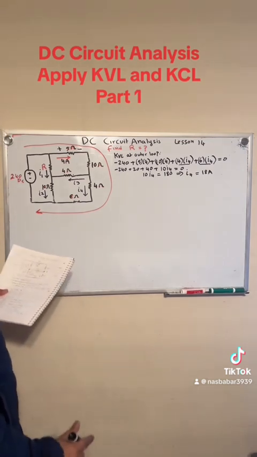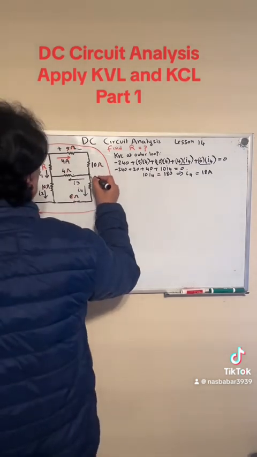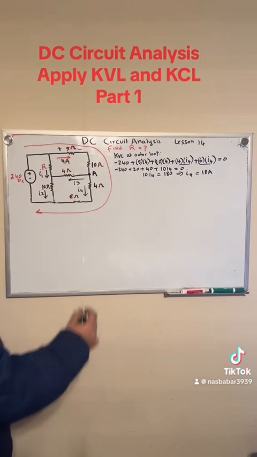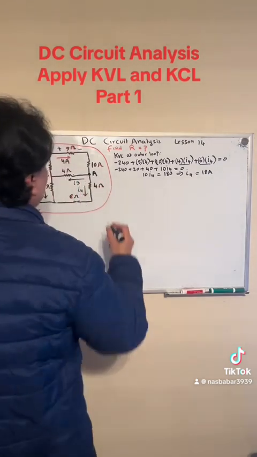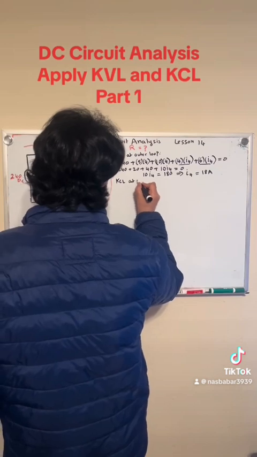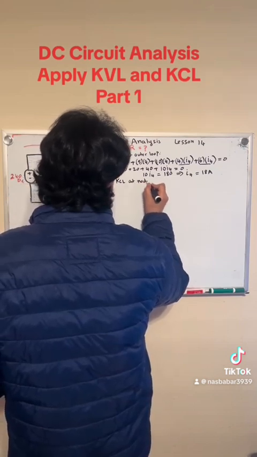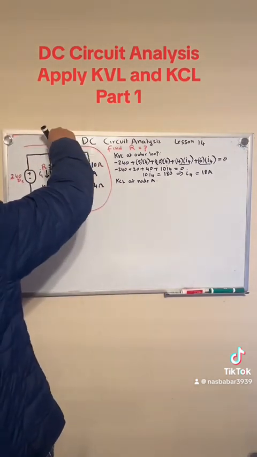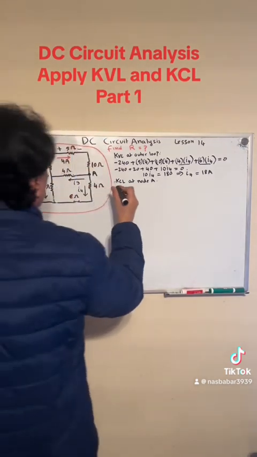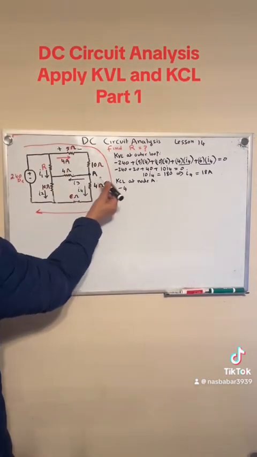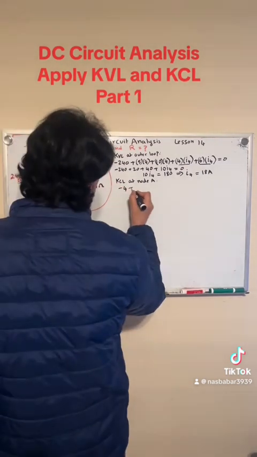So let's denote this as node A and apply a KCL right here. KCL at node A. The 4 amp current right here is coming towards the node, so that's minus 4. This I3 is leaving the node, so it's plus I3.